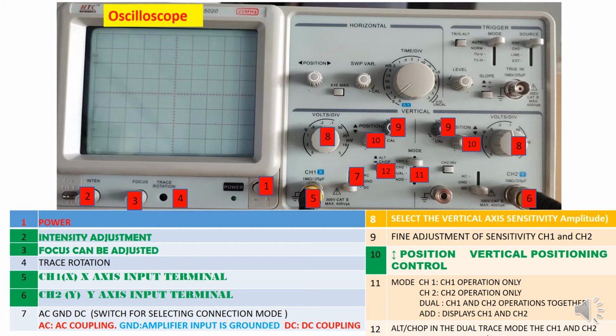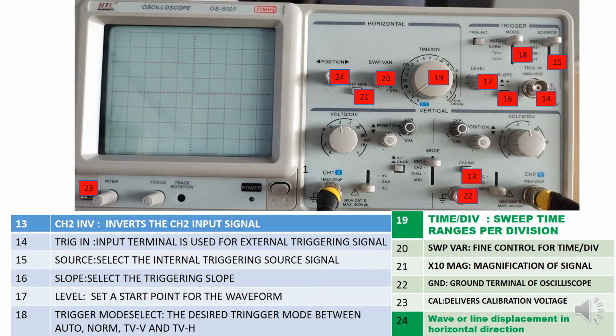And then if you want to move the signal up and down on this screen, that can be done with the help of this number 10 knob, here or here, depending upon where the signal is fed. So accordingly you can adjust the signal. Similarly, other applications are available.